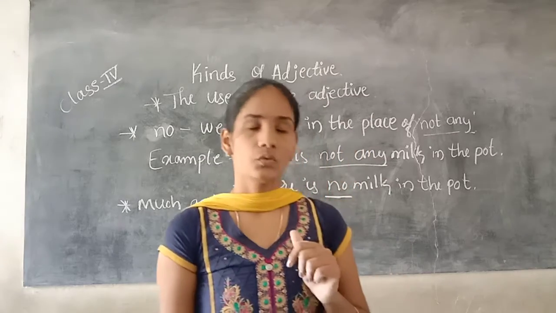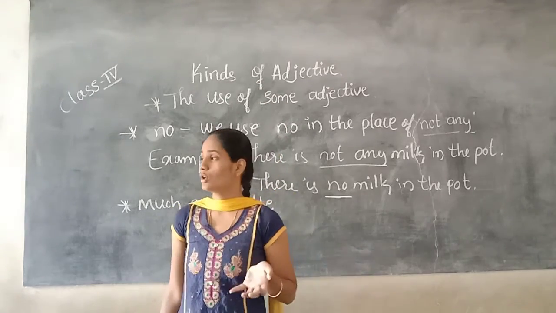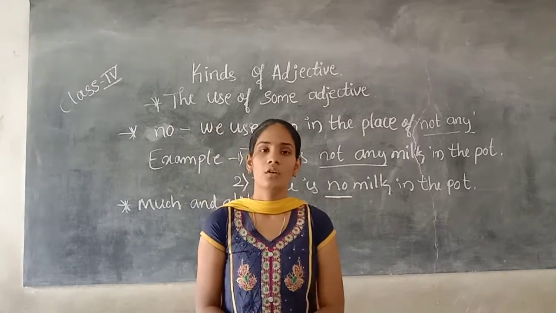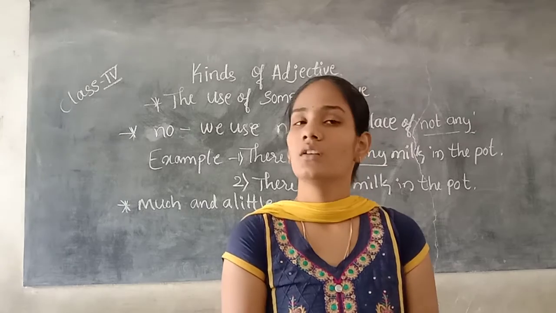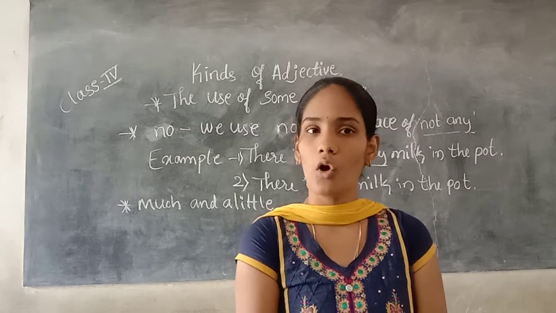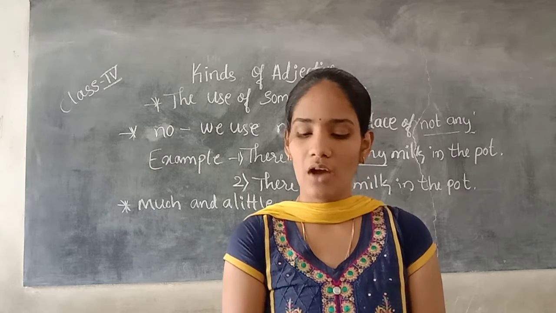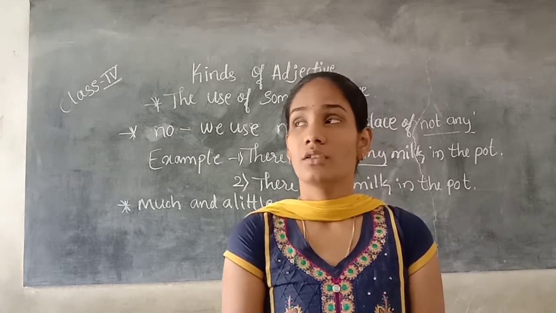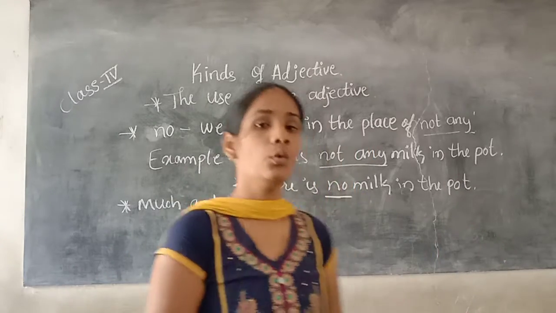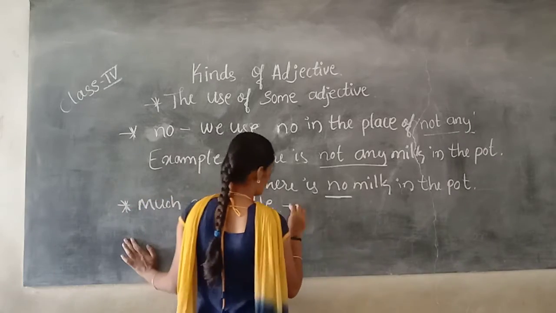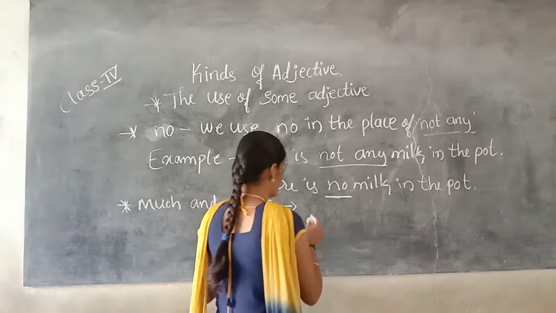So how do we use these words with uncountable nouns? See here. Suppose now you are at home, and I have given you so much work. You have to do much work at home. All the teachers have given homework, so now you have abundant work. When you have so much work, much indicates uncountable.